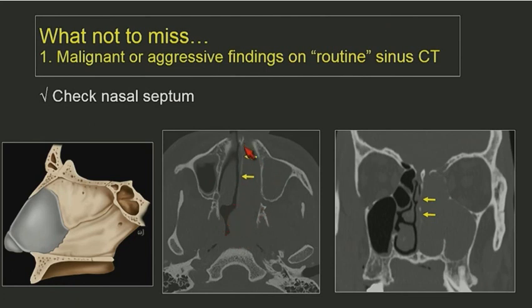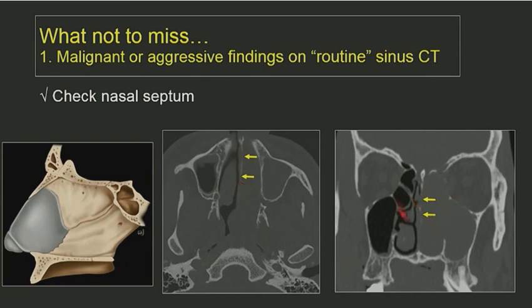But look at this destruction of the nasal septum. There are areas of thinning, deossification, and frank destruction. By definition, that's an aggressive process. And in fact, that tumor is already in the contralateral nasal cavity, and you see that there as soft tissue.